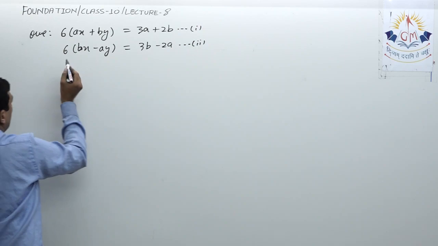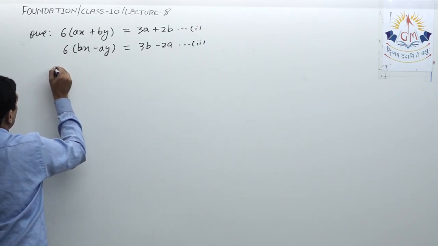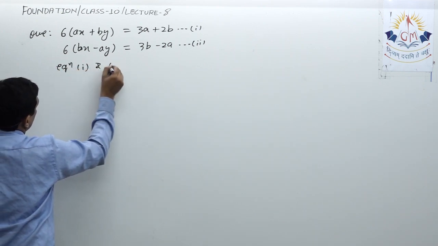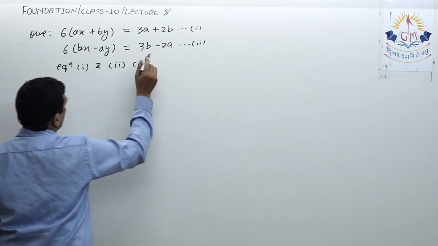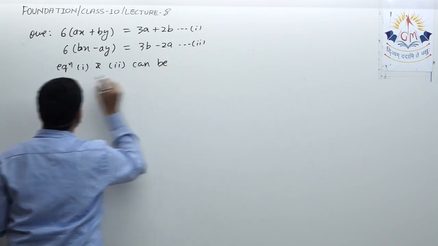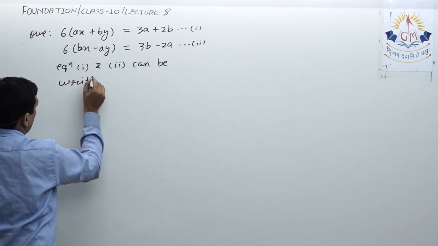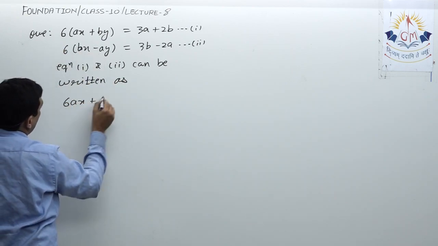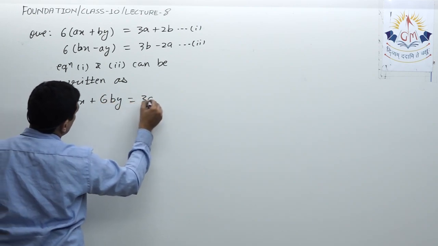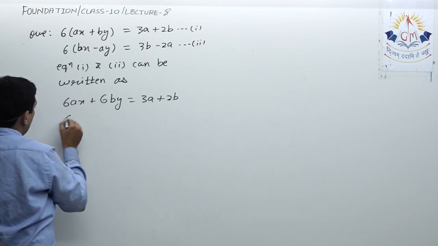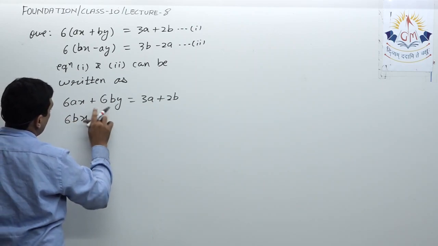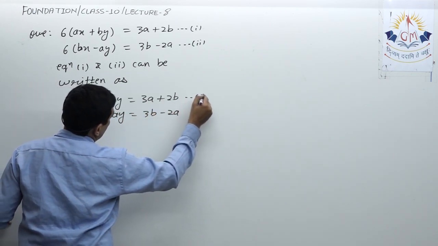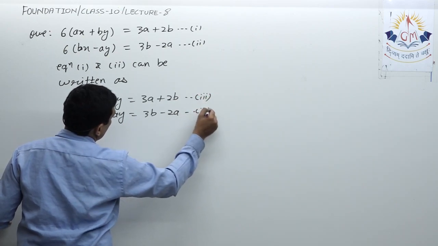Equations 1 and 2 can be written as 6ax plus 6by is equal to 3a plus 2b, and over here this will become 6bx minus 6ay is equal to 3b minus 2a. Let this be equation number 3, and let this be equation number 4.